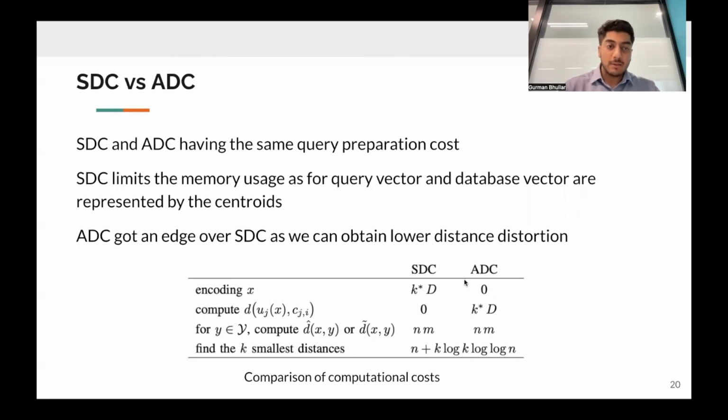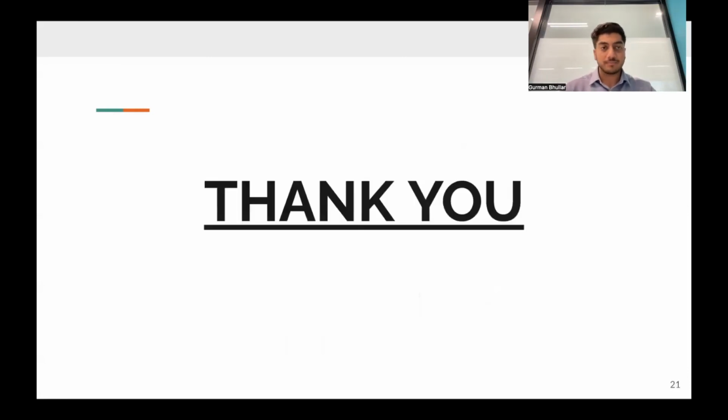And ADC has an edge over SDC because we take into account the actual coordinates of the query point, so the accuracy is increased in ADC as compared to SDC. So wherever we are not concerned about the memory consumption, we can prefer ADC over SDC because ADC is going to give us more accurate results.